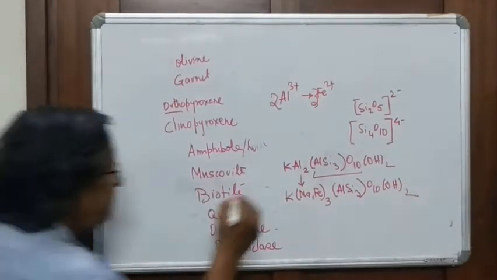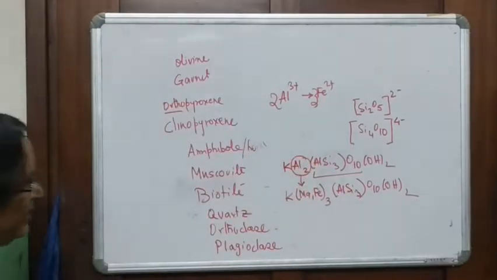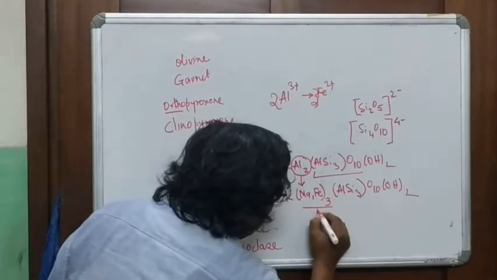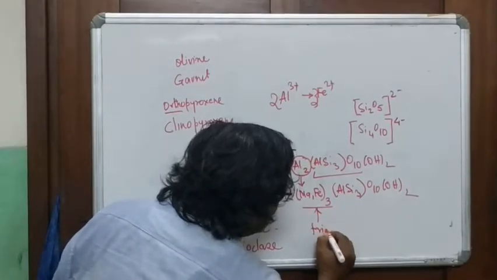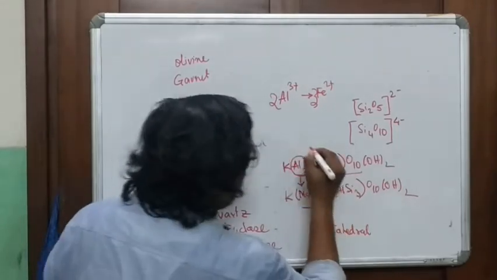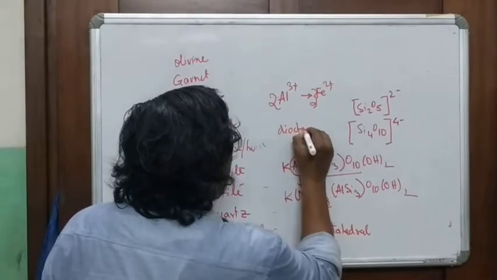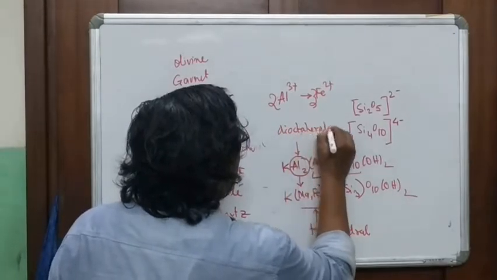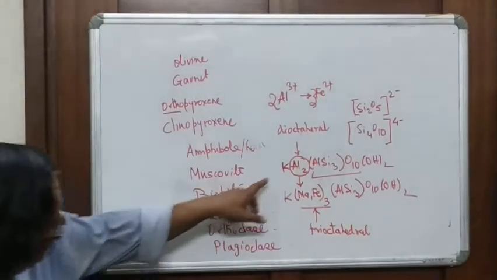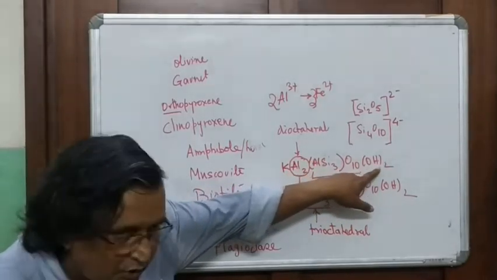Your teacher will tell you these are called trioctahedral micas, and this is called dioctahedral mica. This is muscovite, KAl2 AlSi3 O10 (OH) whole twice.